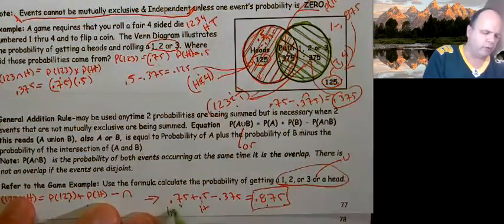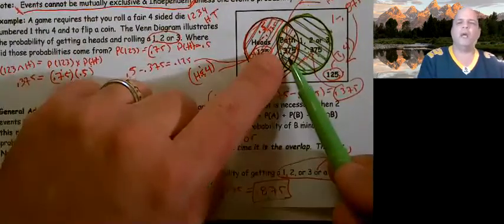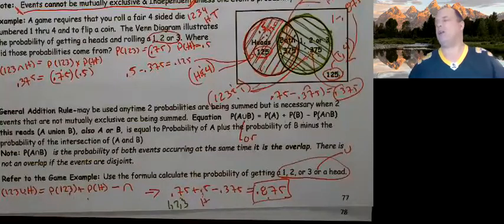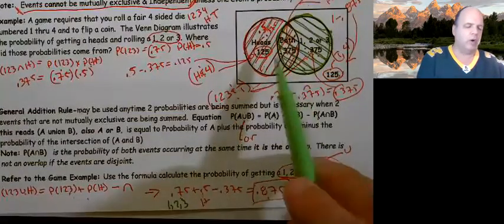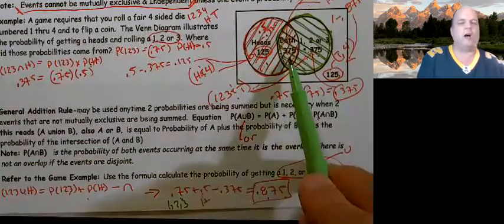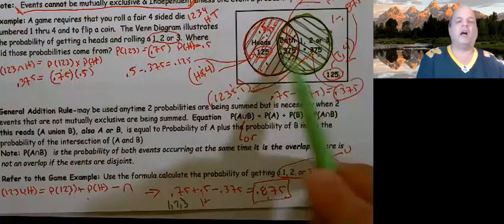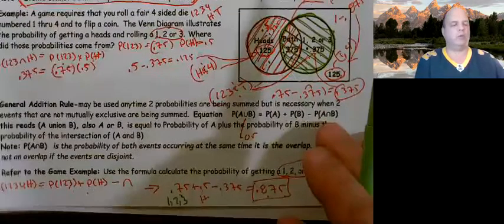So this is the 1, 2, 3. Well, when I look at this, look what happened to the intersection. It got colored twice. The reason it got colored twice is because it got counted twice, once by the heads, once by the 1, 2, 3. So I needed to subtract it out once so that it was only counted once.